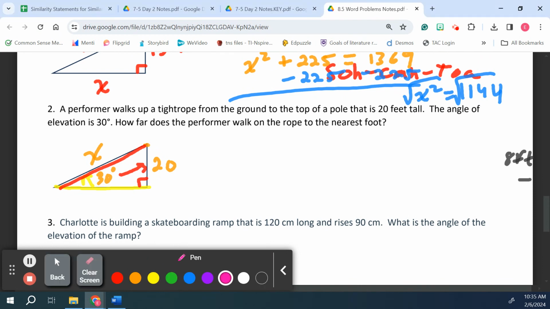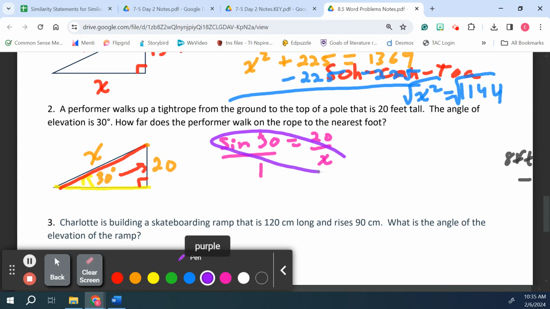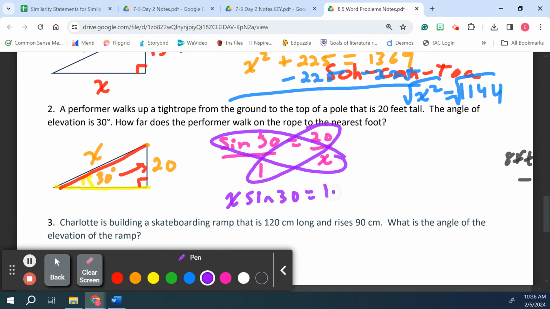So this is going to be the sine of 30 degrees equals the opposite, 20, over the hypotenuse, x. And now I'm going to solve from here. So this is going to be x times the sine of 30 equals 1 times 20. So this will be x times the sine of 30 equals 20.